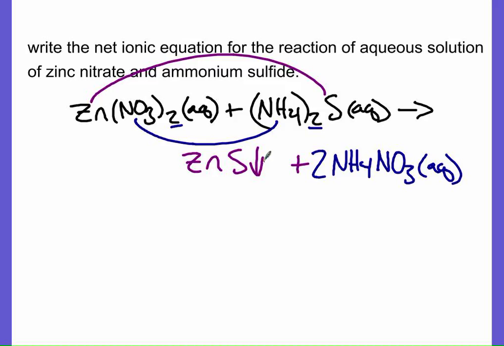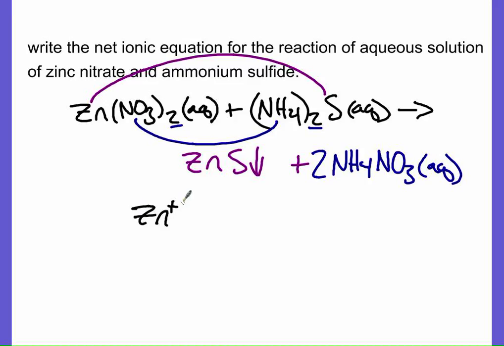So my next step is to just go ahead and get rid of spectator ions. Things that are aqueous on both sides, like the ammonium and nitrate, don't really even need to be there. You just need this equation at the end of the day.